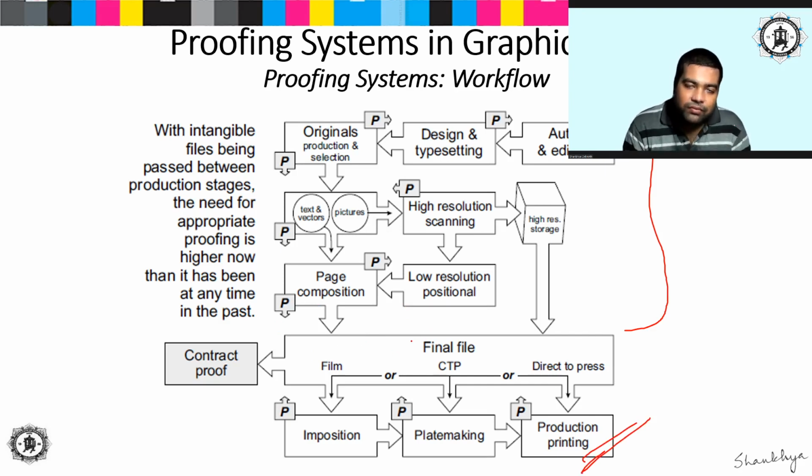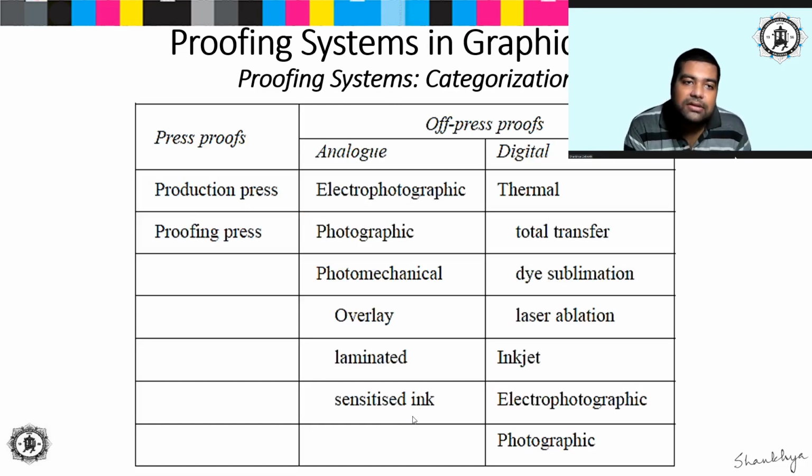So contract proof is just one step shy of the actual production printing step, but nonetheless it is one of the most important things that you have to deal with in print production. There are various types of proofing mechanisms.